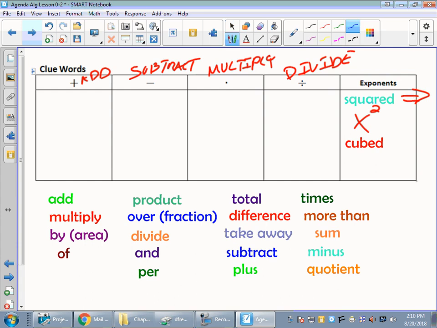Cubed would actually mean something to the third power. So x to the third power, or the example from the last page, 4 to the third power. After that, they don't really have any shortcut words for the exponents after 3, so you'd actually have to say to the 4th power, to the 5th power, to the 6th power, and so on and so forth. But squared for 2 and cubed for 3 makes it a little easier.